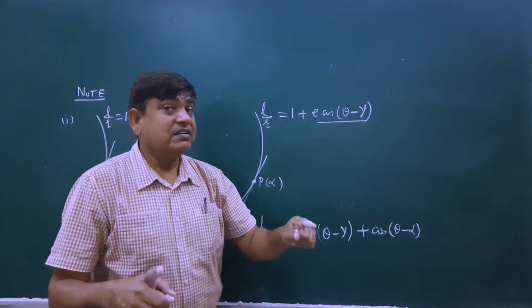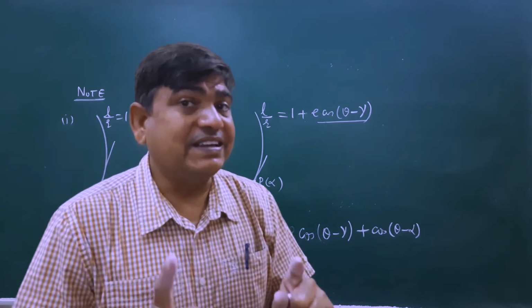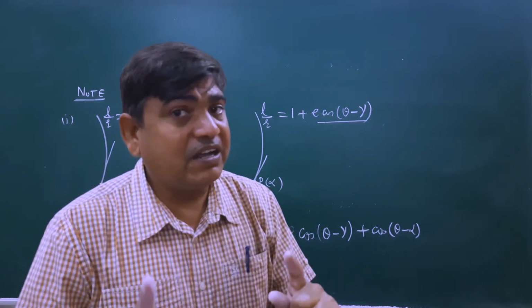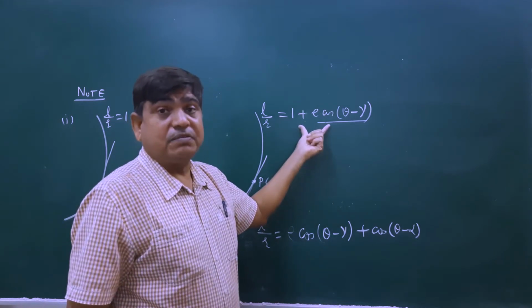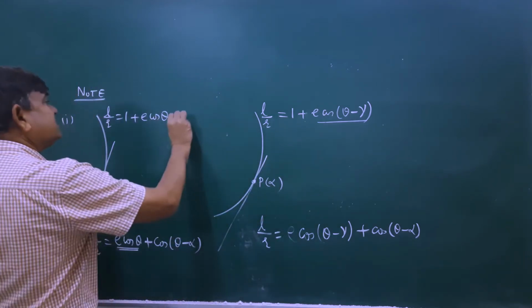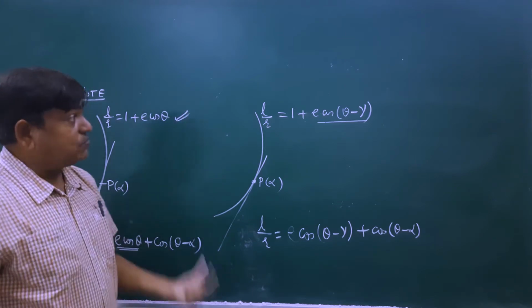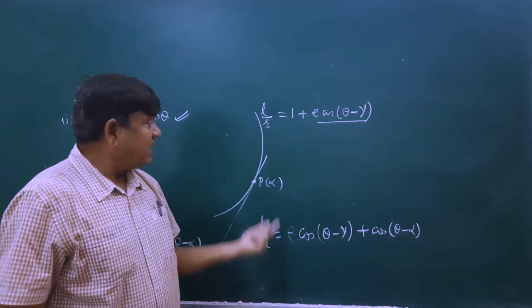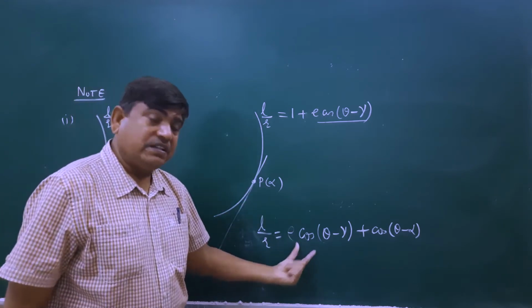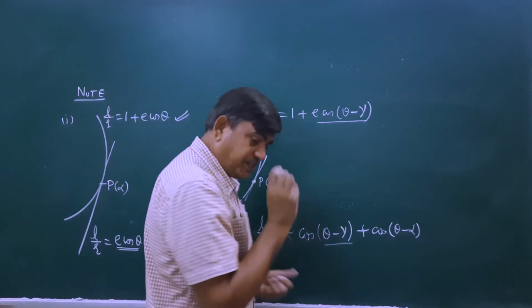What is gamma? The axis of the conic is inclined at an angle gamma with the initial line. We have to also remember this form, but generally we consider the standard equation. But if this one is given, then the equation of the tangent at this point will be this one. So here it is the change. So be careful.